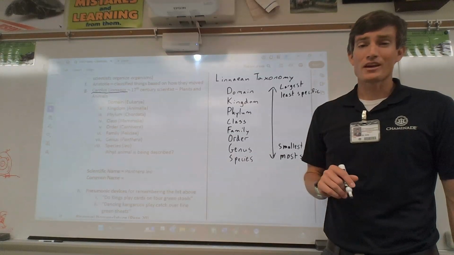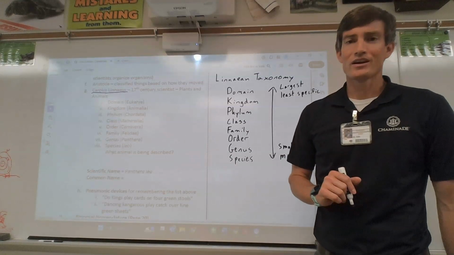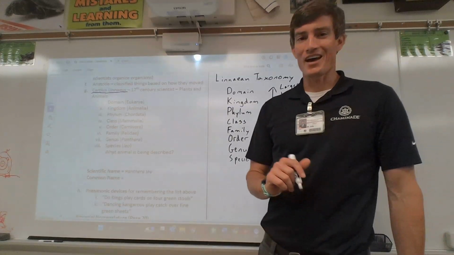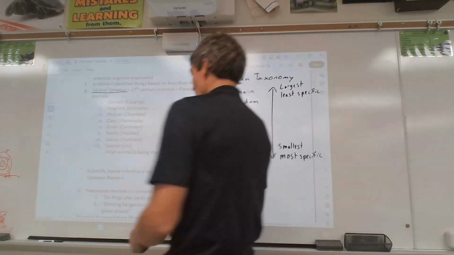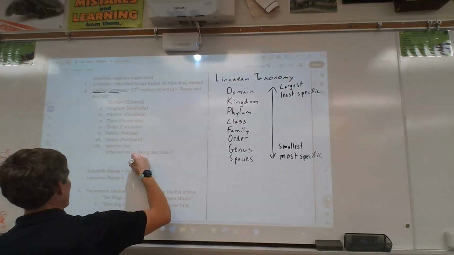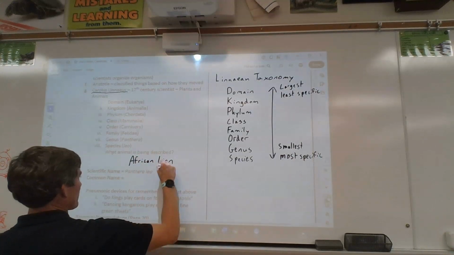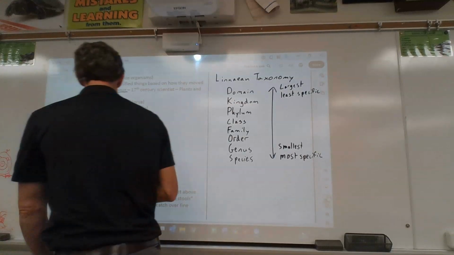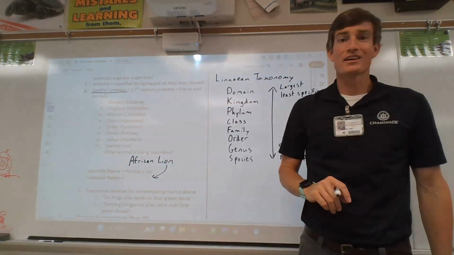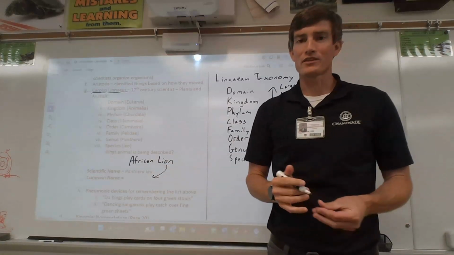So if you think you know the answer to what the common name of this organism might be, feel free to jot it down. But it is actually an African lion. So where it says what animal is being described, I want you to write African lion. All right, or you could also write it down here, that's fine as well. So an African lion is the common name for that, whereas Panthera leo is the scientific name.